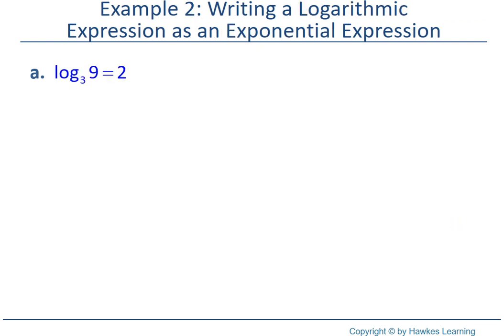Okay, now it's in logarithmic form. We're asked to convert it to its exponential form. And this is just drill. So what's our base here? Our base is 3. Our exponent is 2. And 3 to the second is 9, our answer.